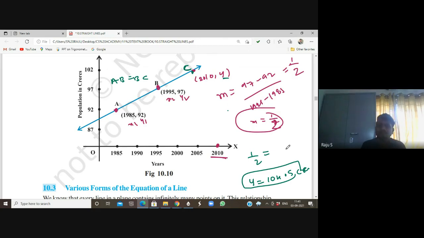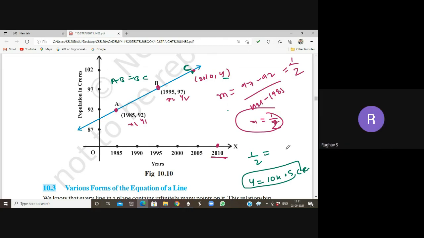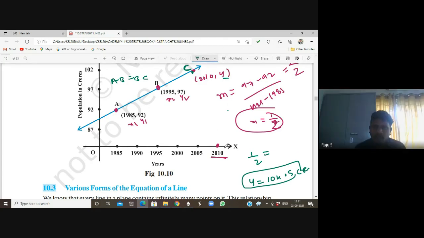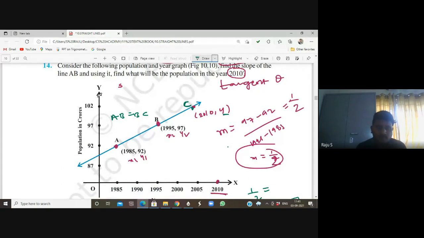Got it? In 2010, 104.5 crores. That's all, sir. This y value is the population, 104.5. Got it? Very simple. Slope of AB is equal to slope of BC.